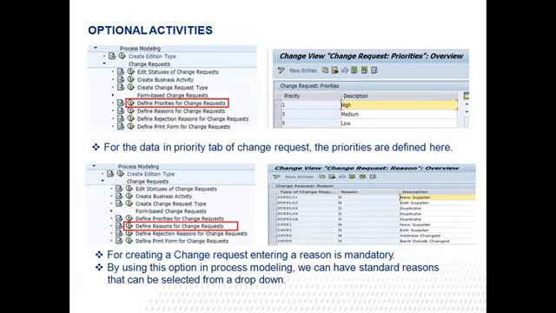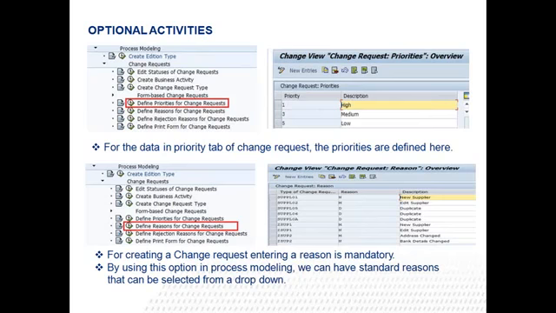So these are some optional activities. Here you can see define priorities for the change request. When you are creating a change request, it shows you on the first screen of the CRM to select what the priority is. There are three priorities I want to have. This is generic, not specific to any CR type.